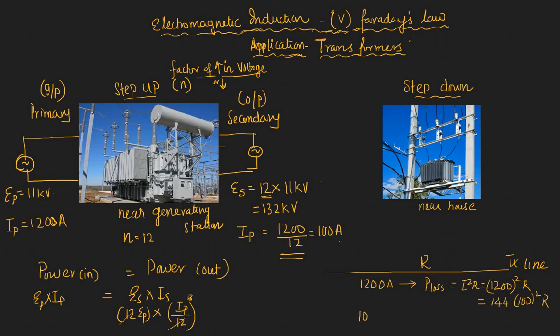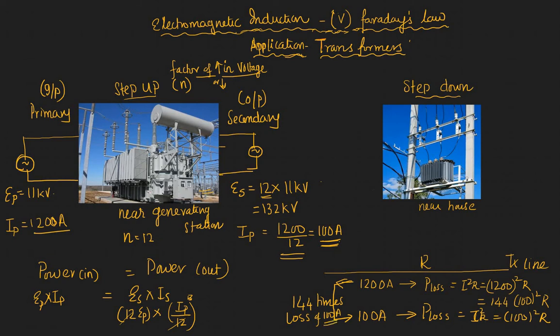Now if you pass current at 100 amperes, which is what this transformer does, it translates 1200 amperes to 100 amperes, then your power loss is I squared R again, but this time I is 100, so it's 100 squared R. If you find the ratio between both these losses, you will find that this one has 144 times the loss of 100 amperes.